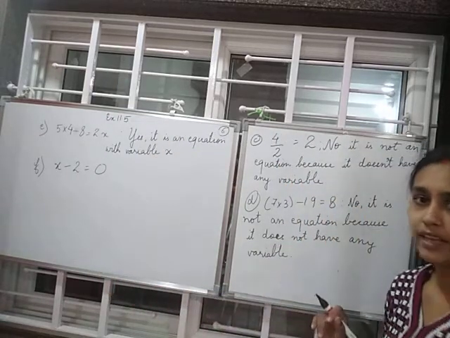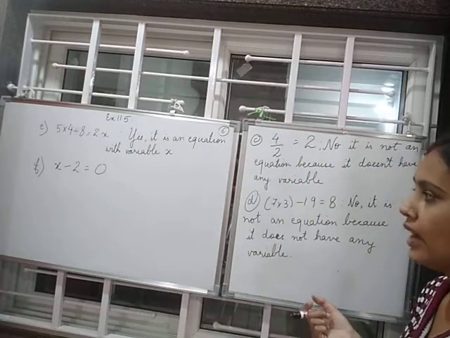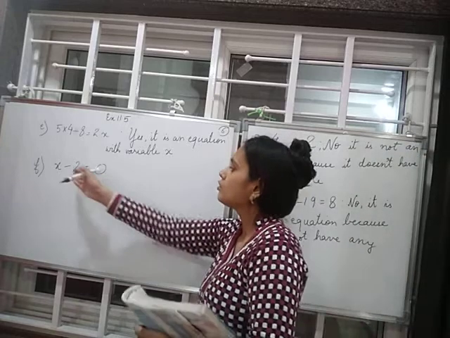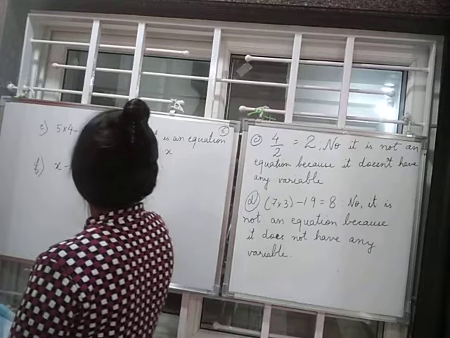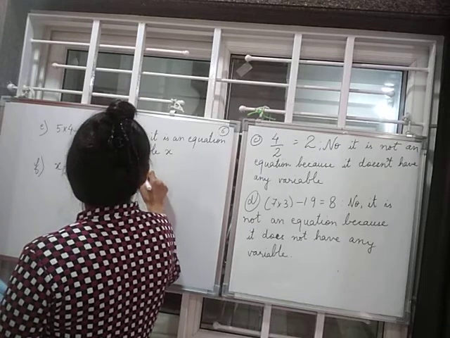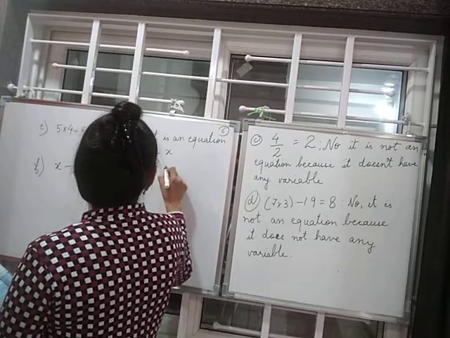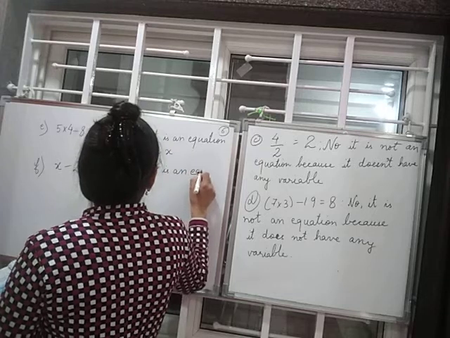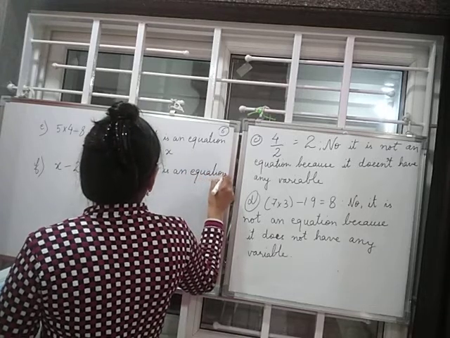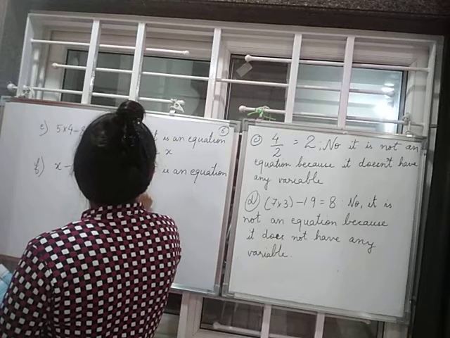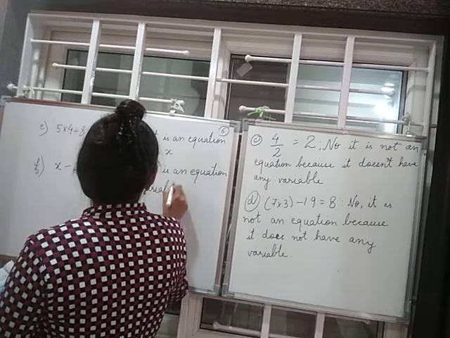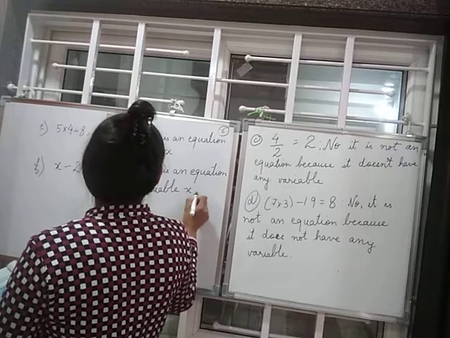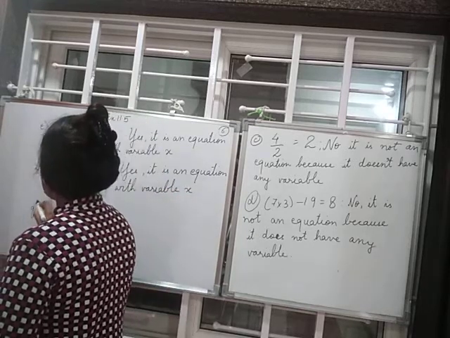Answer should be what? Yes or no? Yes. Why? Because there is an equal to sign, there is a variable x. So, the answer is yes. Yes, it is an equation with variable x.